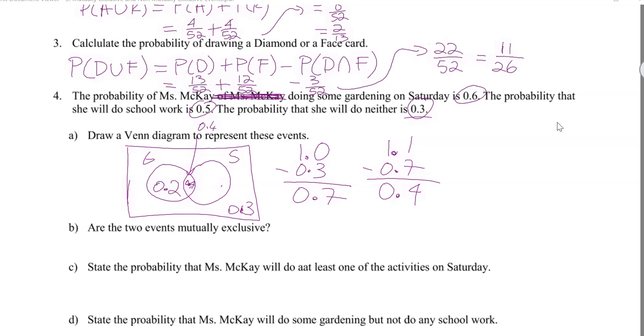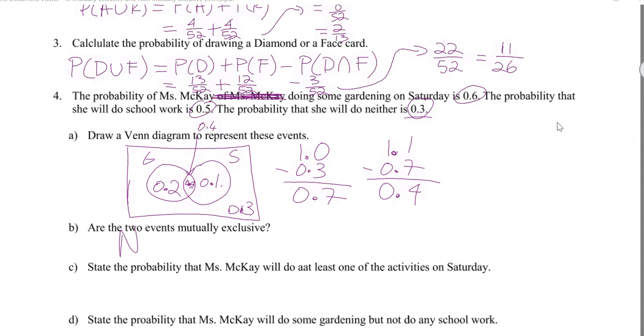Gardening and schoolwork is 0.4, so just gardening is 0.6 in total and only gardening is 0.2. Inside the schoolwork, we need 0.5, and we already have 0.4. So only schoolwork is 0.1. So all of these, 0.2 plus 0.4 is 0.6, 0.7, 1.0. Okay, so we're good now.